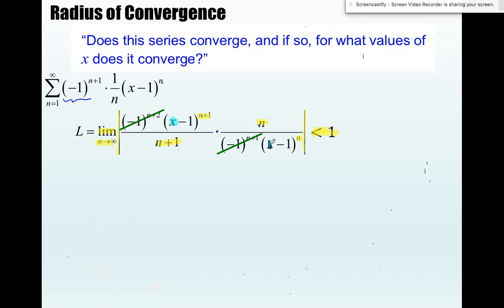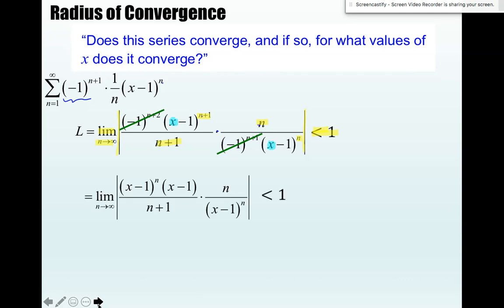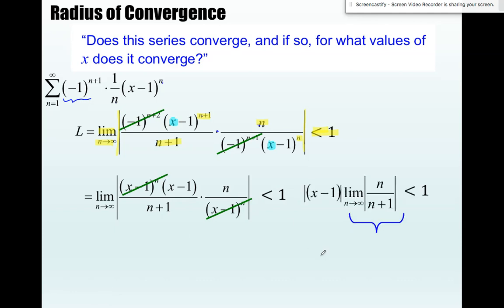You want to target the x's to be able to osmosis it outside. You can't osmosis it yet because there's an n with it. Do your exponent trick to get rid of it. Bye-bye. Osmosis that x minus 1 to the outside. Evaluate your limit. What is this limit? As n goes to infinity, you have an n to the first and another n to the first, so it's the ratio of the leading coefficients, which is 1.